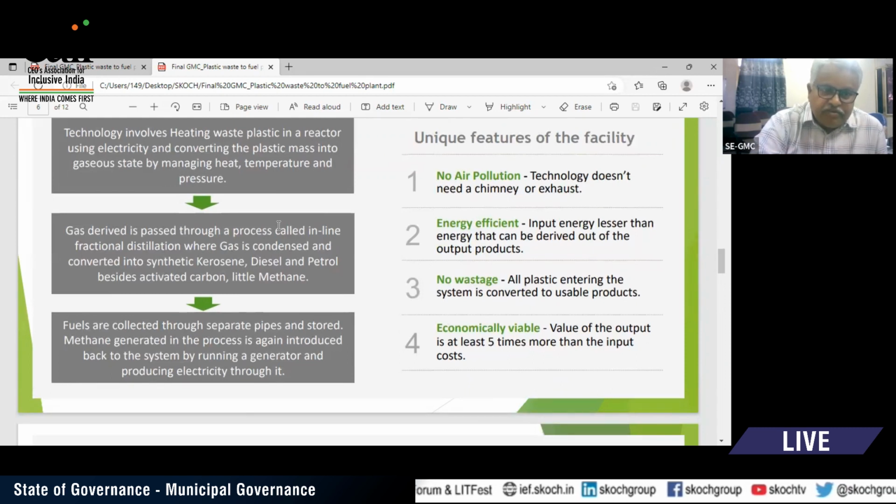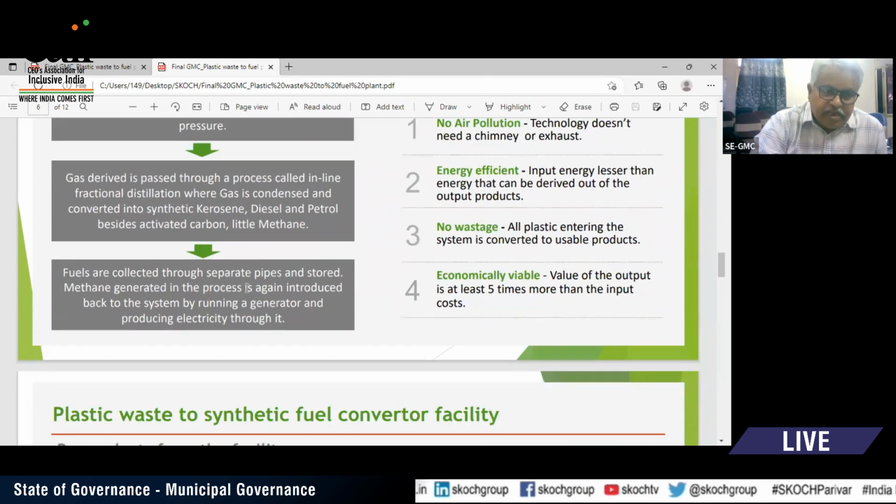The gas derived is passed through a process in line with fractional distillation, where gas is condensed and converted into synthetic kerosene, diesel, and petrol, besides activated carbon and a little methane. Fuels are collected through separate pipes and stored. Methane generated in the process is introduced back into the system by running a generator and producing electricity through itself.